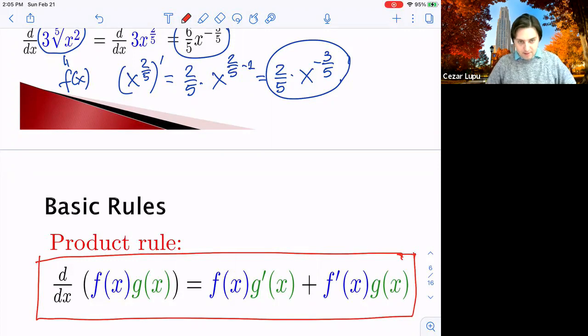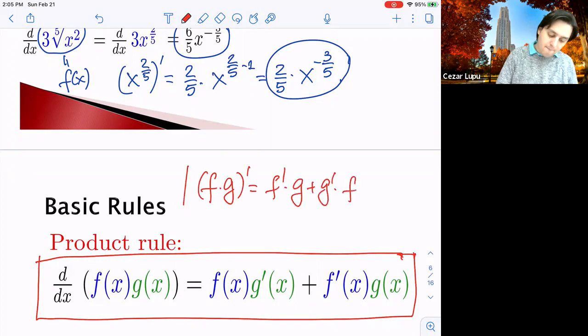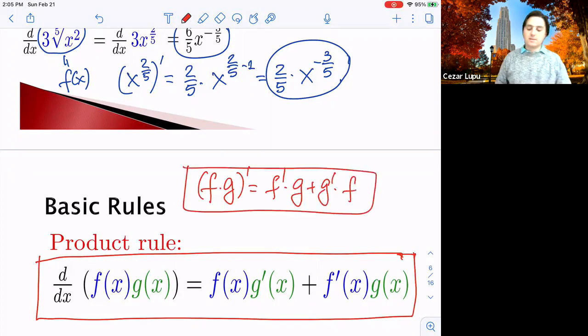Nope. It's f times the derivative of g plus the derivative of f times g. In other words, (f times g)' is f' g plus g' f. So that's what you need to know. This is the product rule.